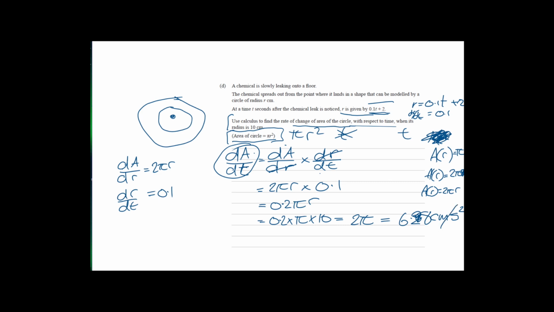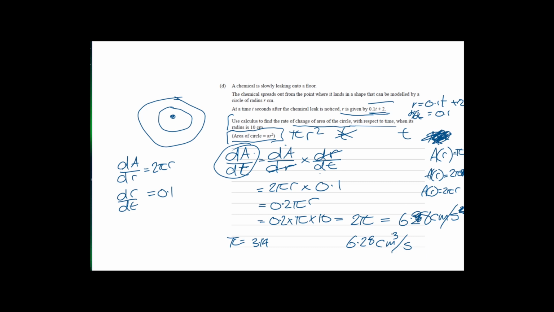So it's going to be 6.28 centimeters cubed per second. Yeah, that's going to be the volume. 2 pi, if we take pi as meaning 3.14, roughly 6.28 cubic centimeters.